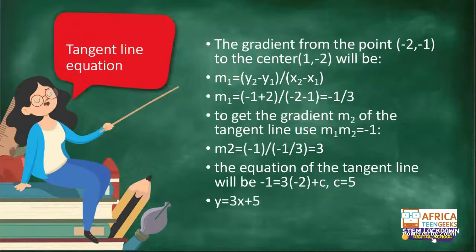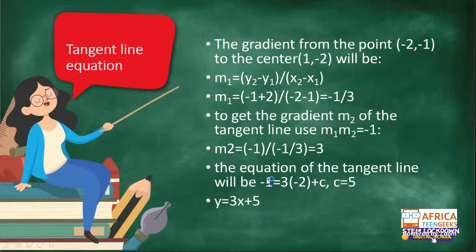So once you know the gradient, you apply y equal to mx plus c, and you use the point that is given, -2, -1.